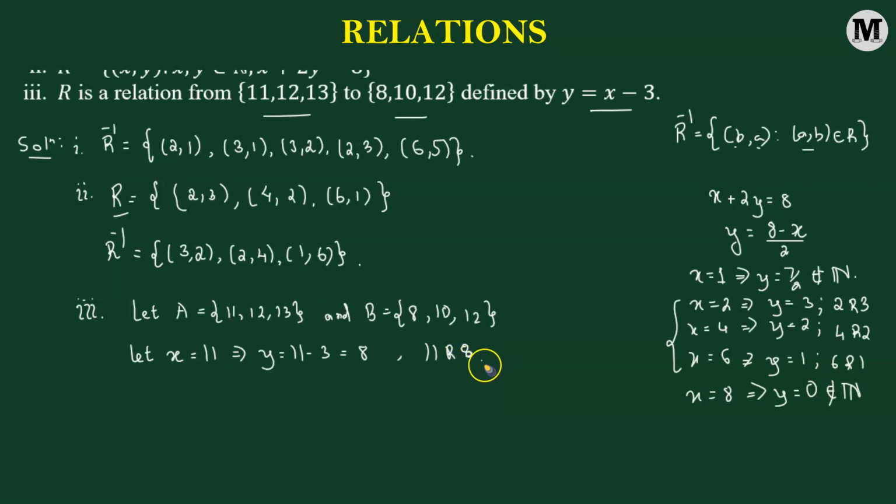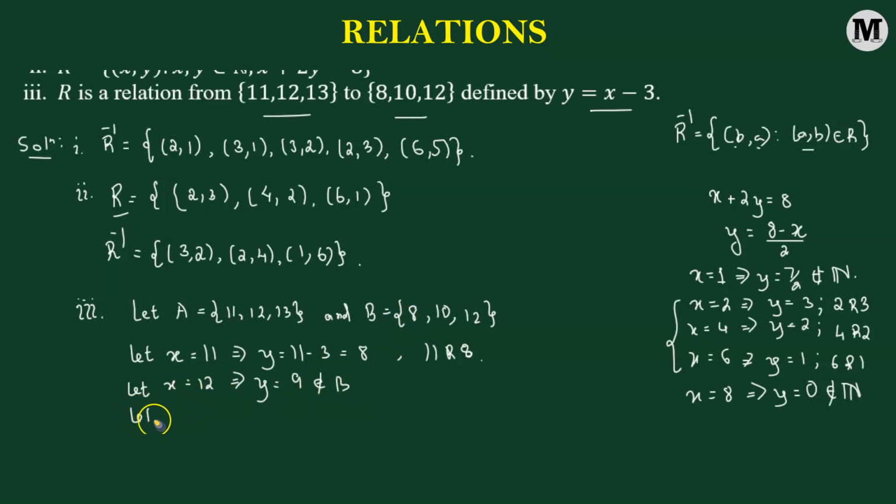So this is a relation. Next, we will choose x equal to 12. So when we choose x equal to 12, then the corresponding y value is going to be 12 minus 3. So that's 9. Is 9 an element of the set B? No, 9 does not belong to the set B. So we're not going to consider x equal to 12.